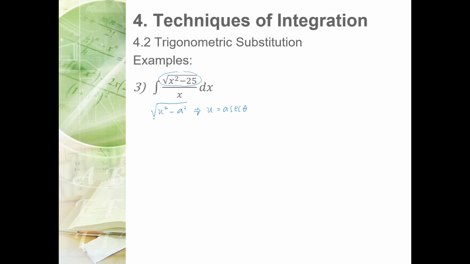Our u squared would be x squared and a squared would be 25. So u equals x, and a is equal to 5. Next step is we utilize the formula. This would give us x equals 5 secant theta.